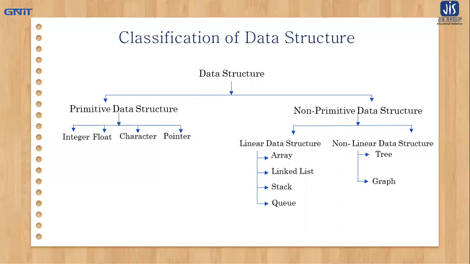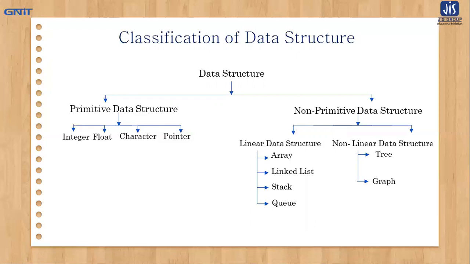Under primitive data structure, we have integer, float, character, pointer, those data types which we can use directly in machine, which means the machine can operate on them directly. And the non-primitive data structure is linear and non-linear data structure.